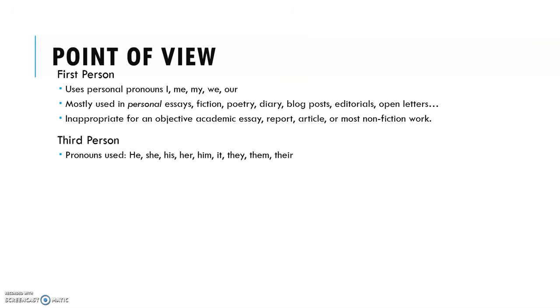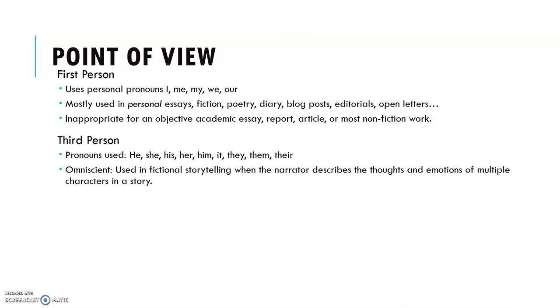Skipping over second person for a moment, going right to third person. These are the pronouns you're going to use in your writing, such as he, she, his, her, him, it, they, them, and their. Let's quickly go over some third-person point of view differences.